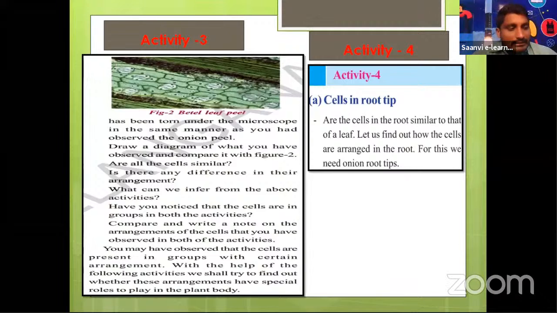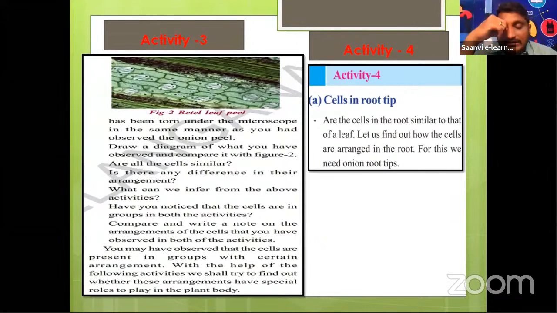Okay. I will try to give some comparison of how the cells are arranged in both activities. See here, in activity 2, cells are almost of the same size and shape, right or not?